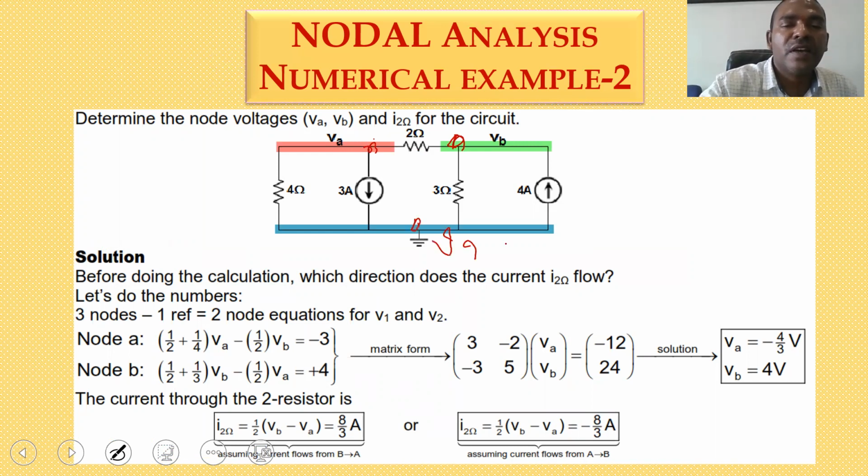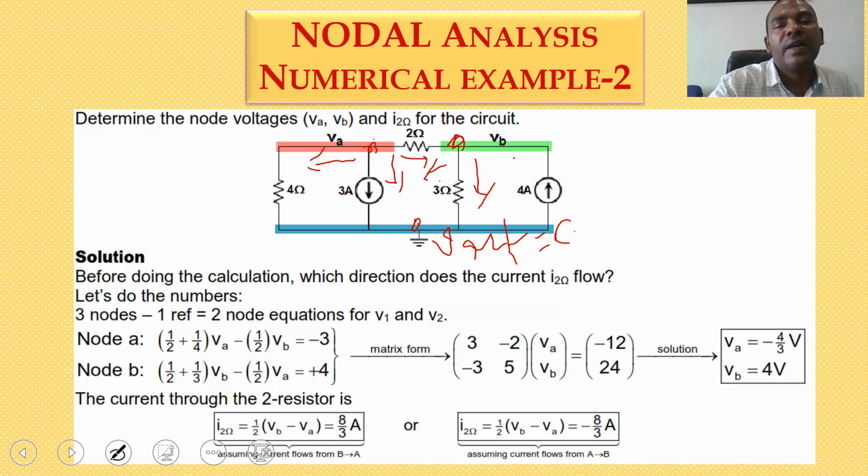This reference node voltage must always be 0. While writing Kirchhoff's current law as nodal equations, we have three currents with respect to node 1 and also node 2.